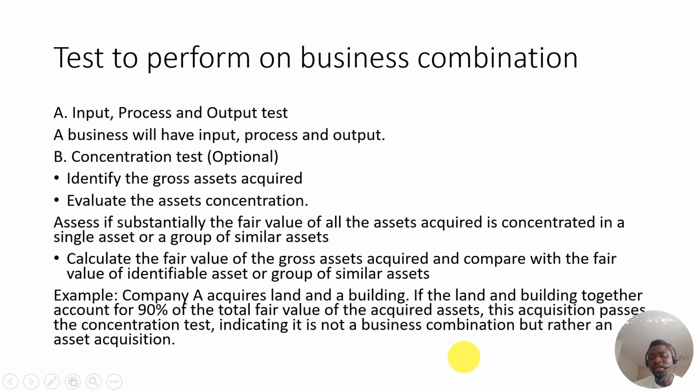So looking at this test, though it's optional, it's a guide for us to understand whether we have actually done a business combination or just an asset acquisition, which should be accounted for or measured under a different standard, which is IAS 16 and other standards like IAS 2 and others.